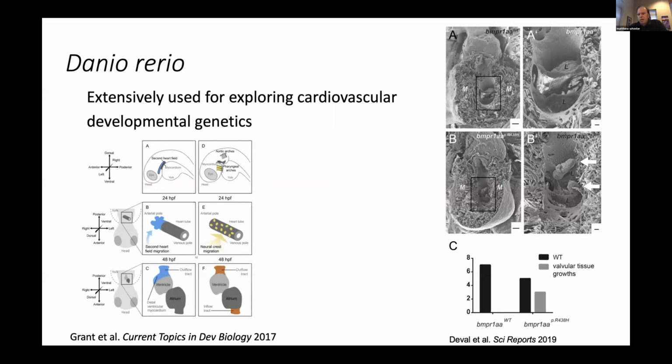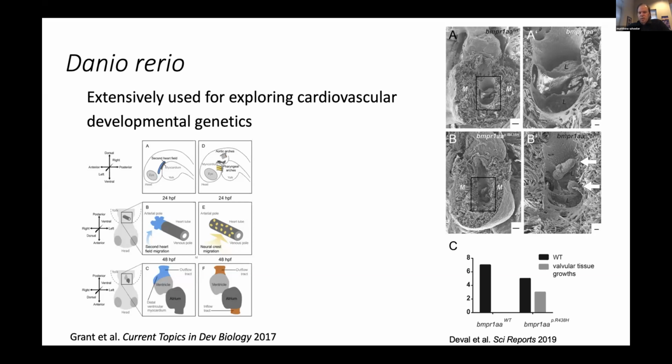More recently, techniques like CRISPR have allowed the introduction of single base pair variants, again, analogous to human variation, and can show defects as shown on the right here with abnormally small atrioventricular valves, as well as excess valve tissue, showing dysregulation of sort of valve morphogenesis by this variant.